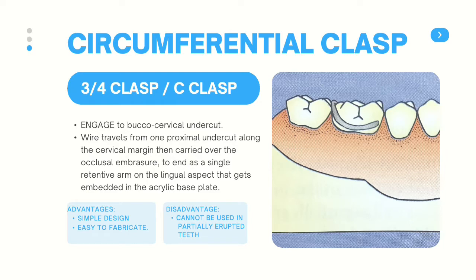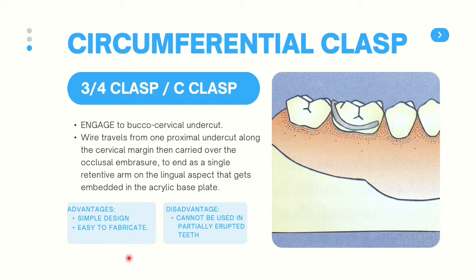It engages the buccocervical undercut as shown in this photo. The wire travels from one proximal undercut along the cervical margin, then is carried over the occlusal embrasure to end as a single retentive arm on the lingual aspect that gets embedded in the acrylic base plate. The advantages are a simple design and ease of fabrication.